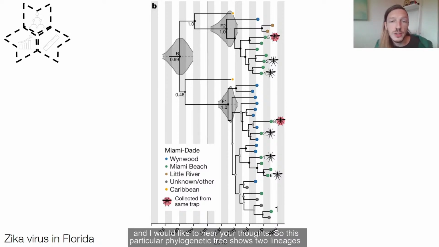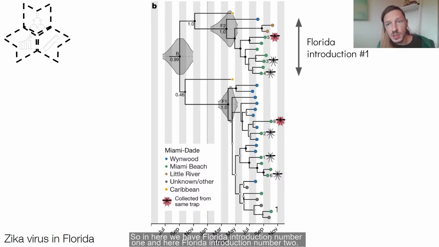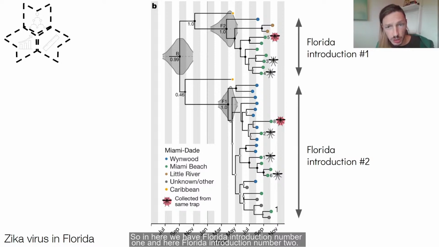So this particular phylogenetic tree shows two lineages of Zika virus that were imported into Florida by infected travelers that had spread locally. So in here we have Florida introduction number 1, and here Florida introduction number 2.